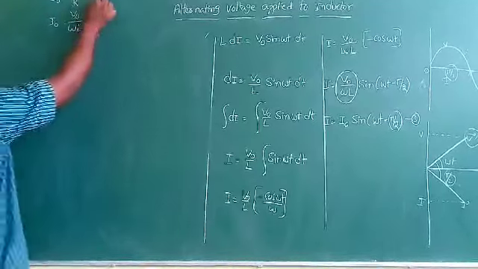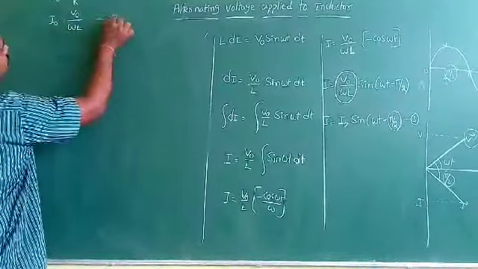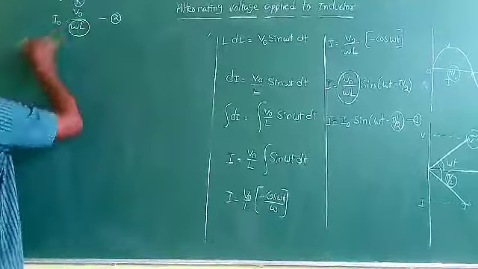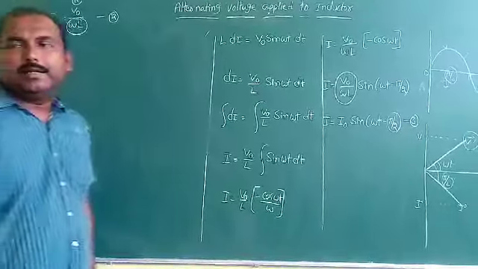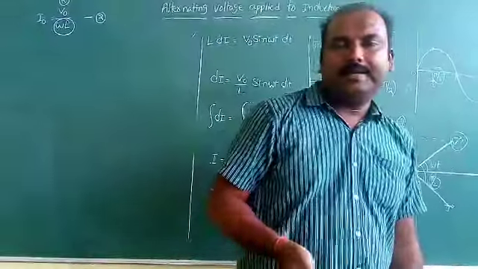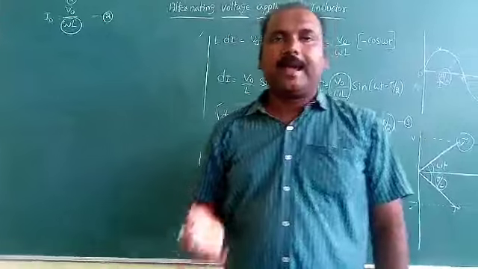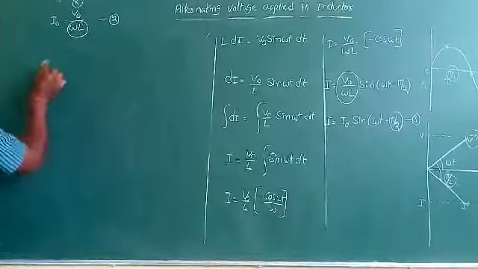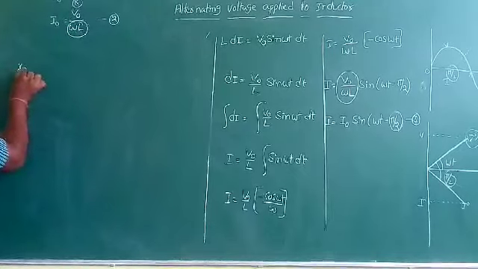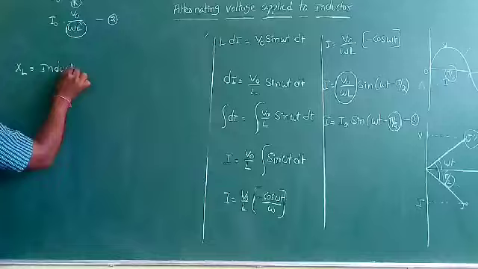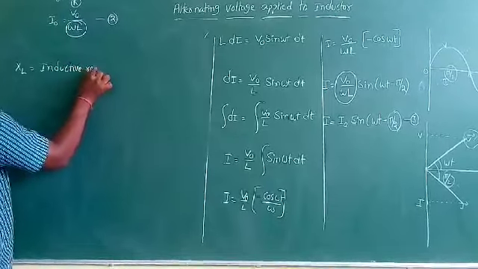In equations 1 and 2, in place of resistance, what is there? ωL is there. So ωL acts like a resistance for the inductor, and we call it inductive reactance, and it is represented by the symbol XL.